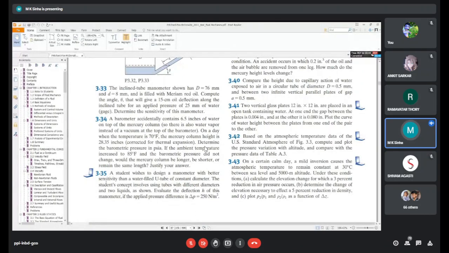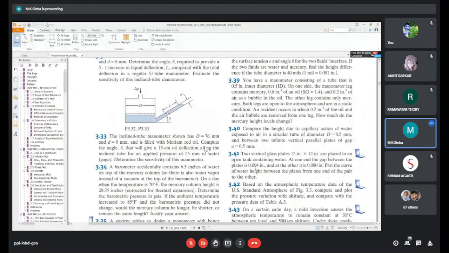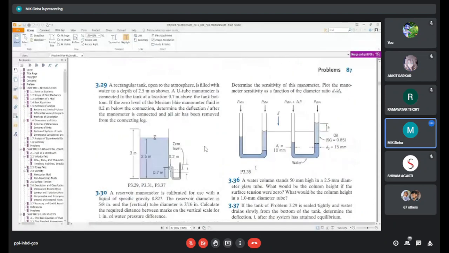Evaluate the deflection H of this manometer if the applied pressure difference del P is 250 Newton per square meter. Determine the sensitivity of this manometer. Plot the manometer sensitivity as a function of diameter ratio d2 by d1.